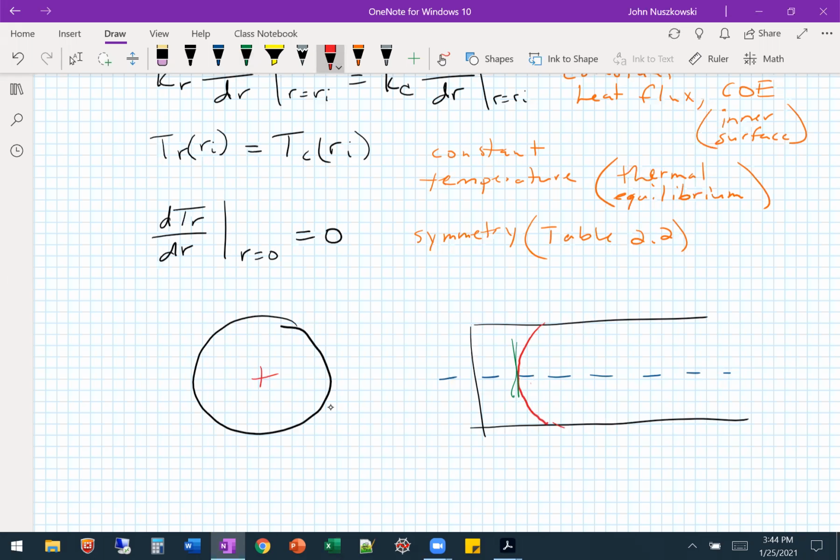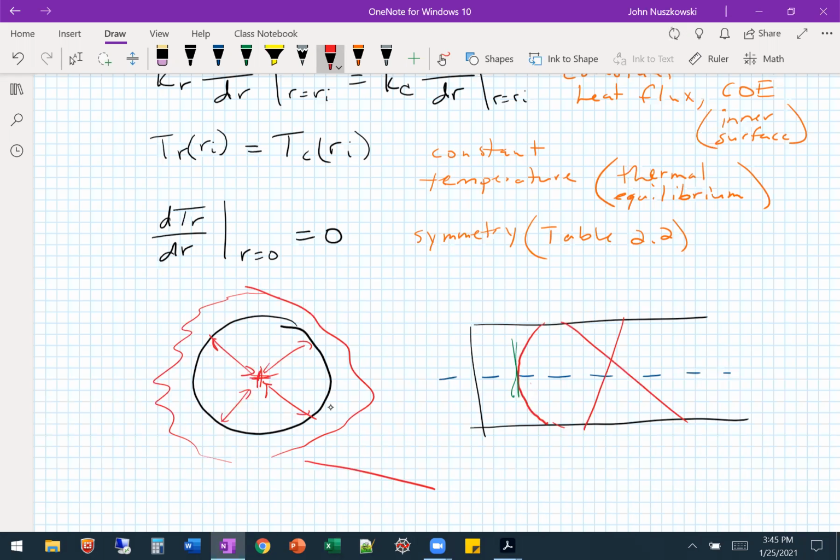And you're going to have heat this way, or in, right? But it's always the same because it's always going in from that center point, in or out, because you have this symmetry of this point in the center of your coordinate system. Because you have the same boundary out here, you can't have your temperature profile looking like this or anything like that, because you have this center point.